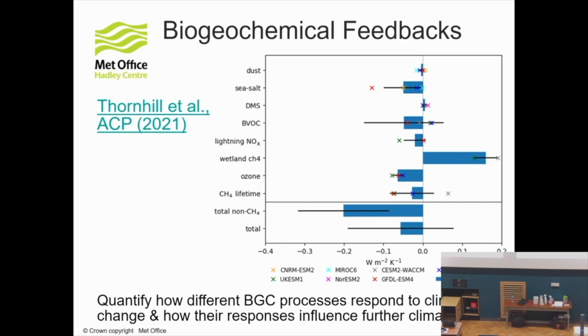You'll see, for example, that this wetland methane feedback is the strongest and most positive of all of these feedbacks that were quantified. Getting a handle on the magnitude and even the sign of these feedbacks is really important in terms of projecting what future climate change might look like. And of course, you'll see that there's quite a bit of uncertainty in some of them, even in the sign of the feedback.